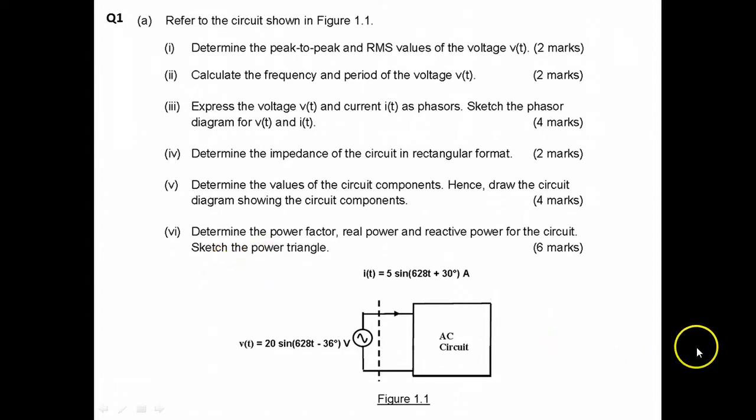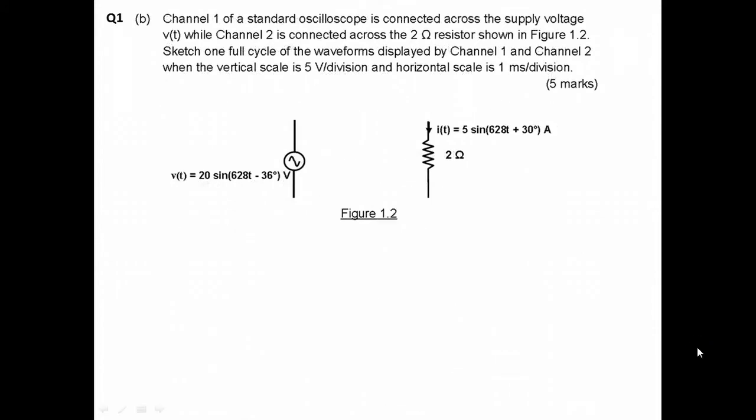So that's part A. Part B is a question from our lab whereby, in two parts of the circuits, the input supply voltage is monitored using channel 1 of the oscilloscope, and channel 2 is used to connect across a 2 ohm resistor, and the current waveform expression is given.